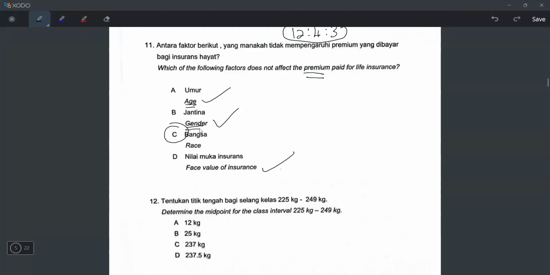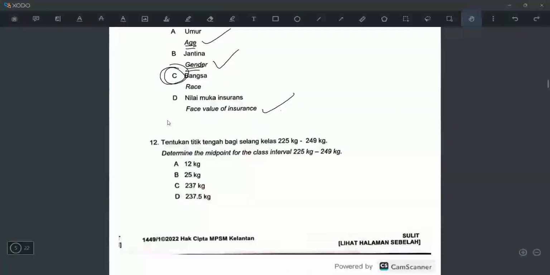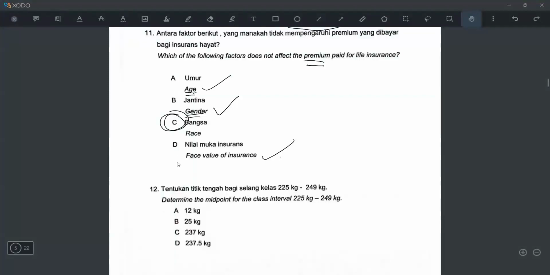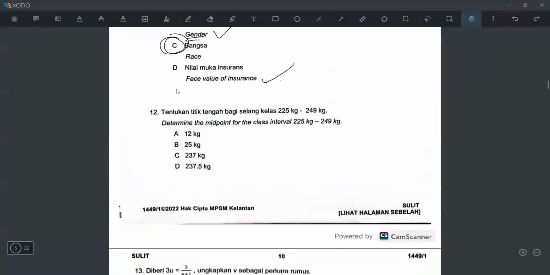Gender also, they consider, for male and female. But race, no. Chinese, Indian, Malay, they don't separate them. The race doesn't affect it. They don't look at what kind of race you are. So that's the answer. You just choose the answer that makes the most sense.